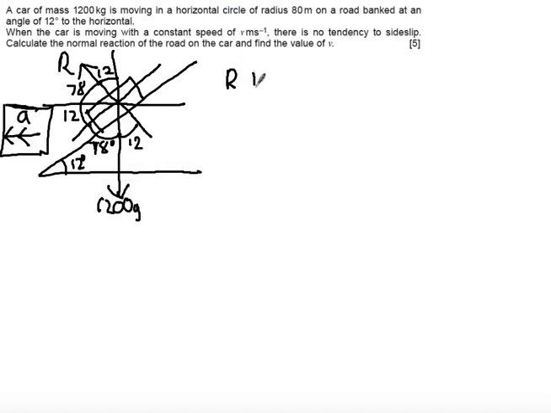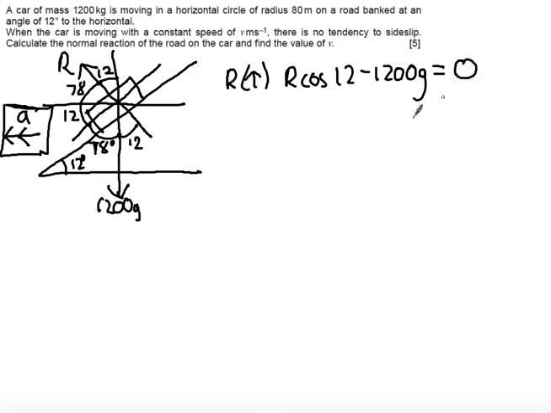To find a reaction, resolving upwards, we're going to have R cos 12 degrees minus the weight, the mass of the car, which is 1200 g, is equal to mass times acceleration. There's no acceleration vertically, which is why we've got to resolve horizontally and vertically.